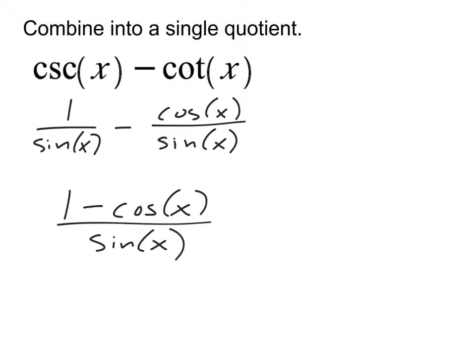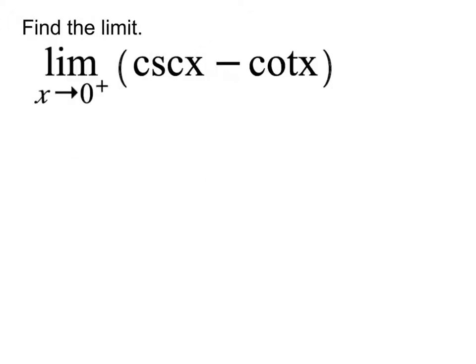By doing that sort of a move, it allows us to find limits that we might not be able to find otherwise by using L'Hopital's rule. In fact, I'd even like to see that with this. So let's actually find this particular limit. Notice it's the same stuff inside the parentheses, just now we're going to find the limit as x approaches 0 from the right side.